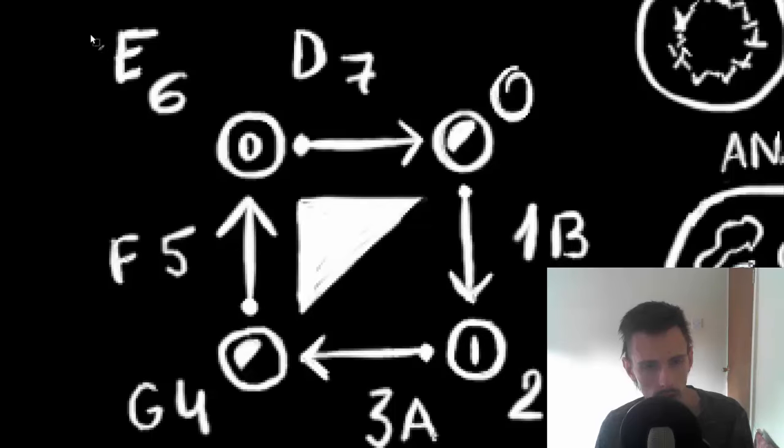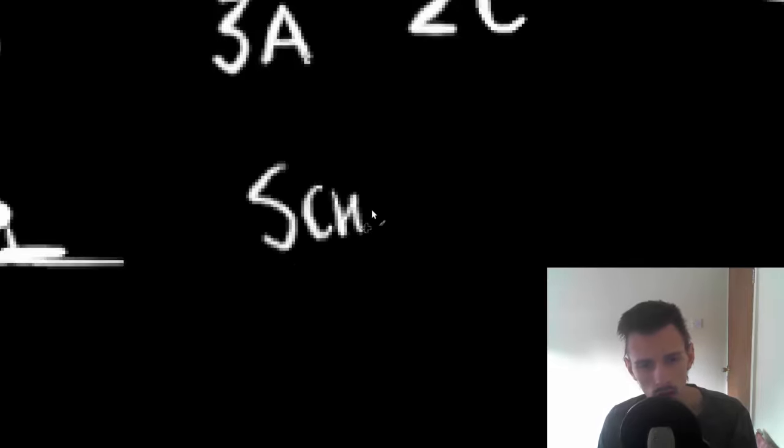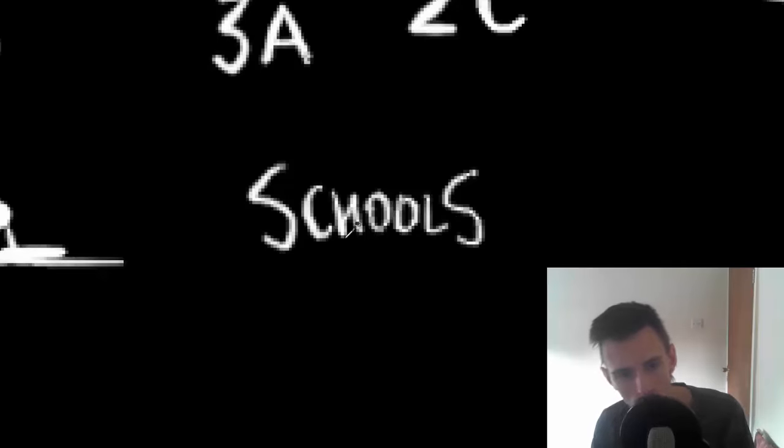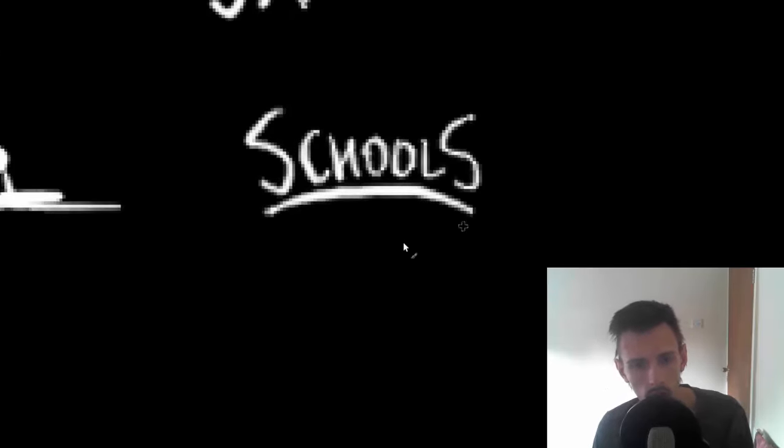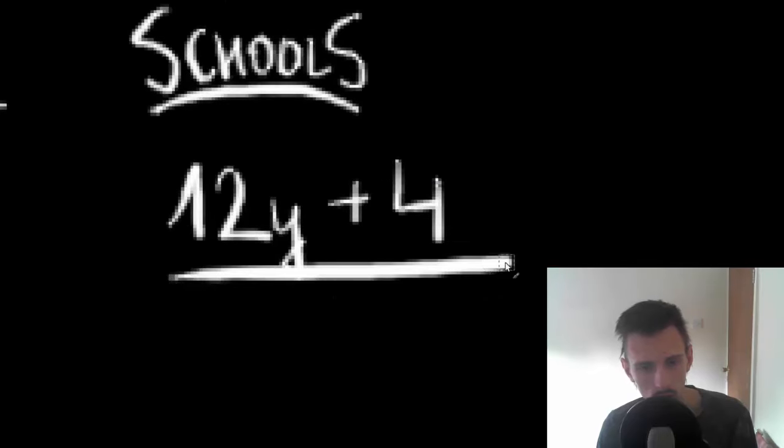We can kind of map 10 personality types. But I really want to make another rant about schools after what I watched. Just so ridiculous. You have 12 years plus 4, and it's like, oh, it's your choice, but no, it's not.